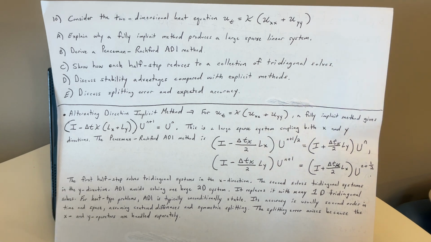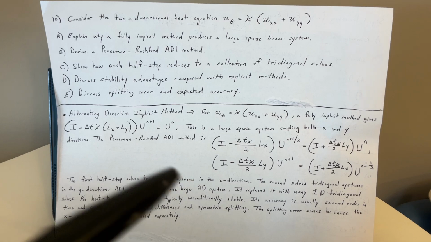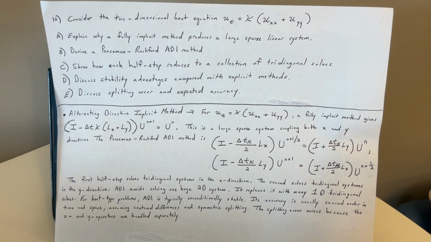So we could say here the first half step solves tridiagonal systems in the x direction. The second solves tridiagonal systems in the y direction. This ADI avoids solving one huge 2D system. It replaces it with many 1D tridiagonal solves.